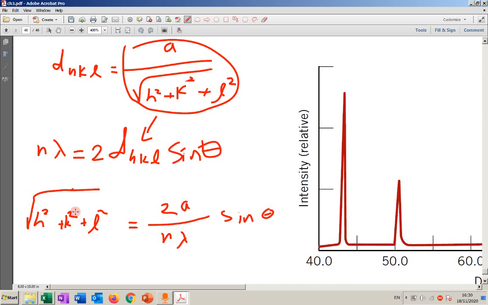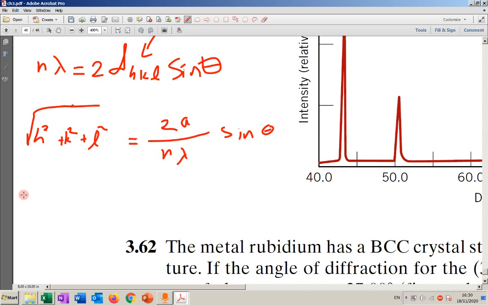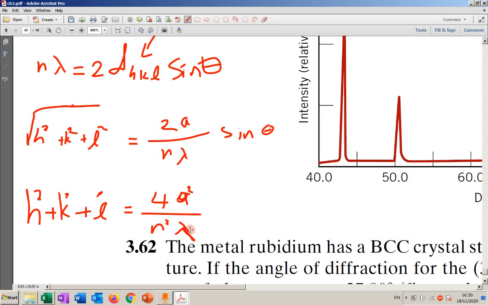Now if you square to get rid of this root, on this side will remain H squared plus K squared plus L squared. On the other hand, we will have 4a squared over n squared lambda squared, times sine squared theta.